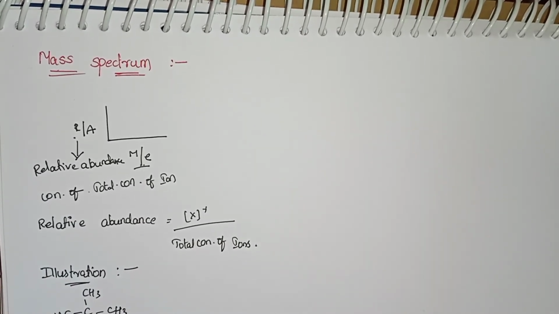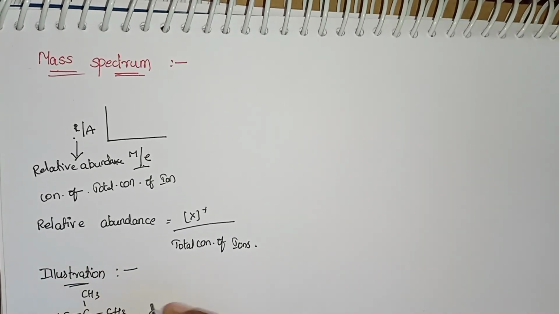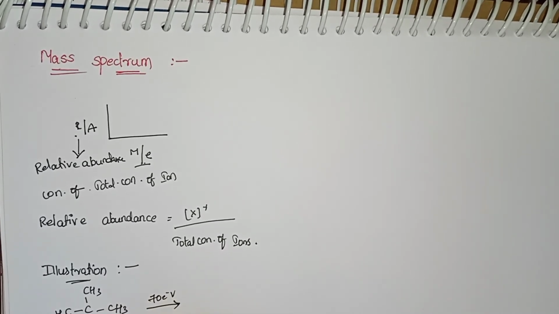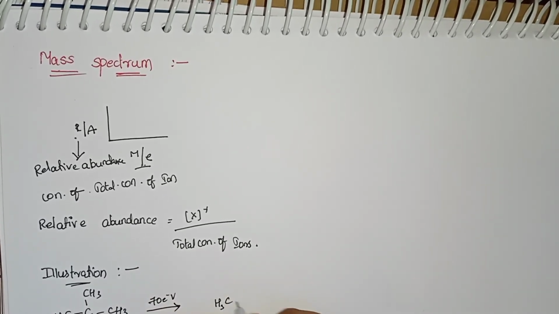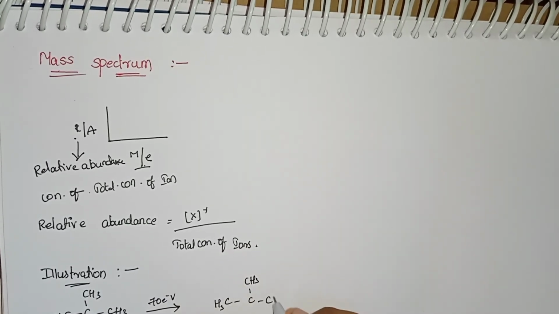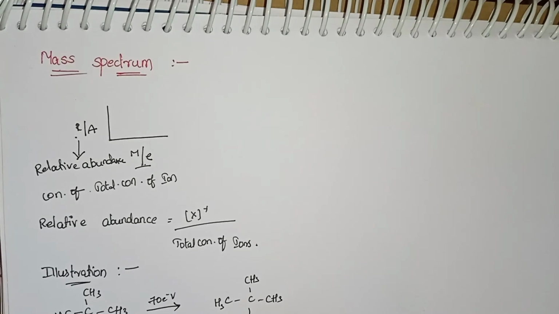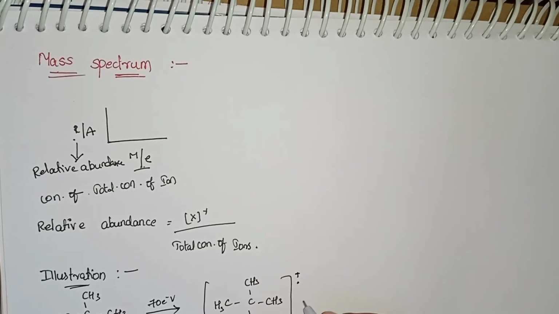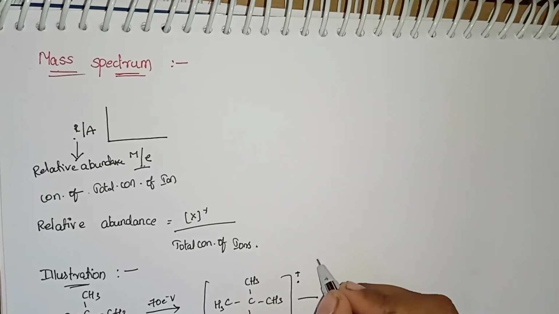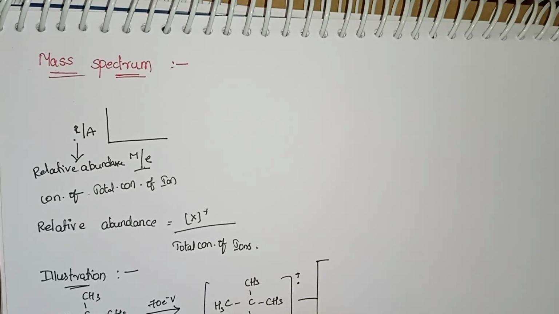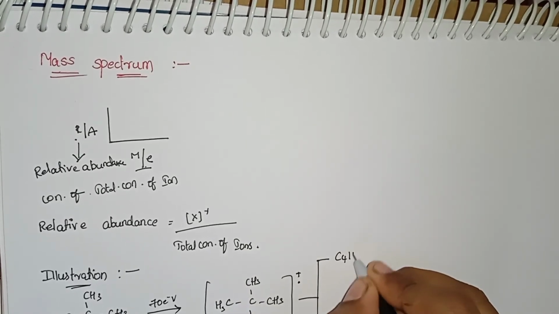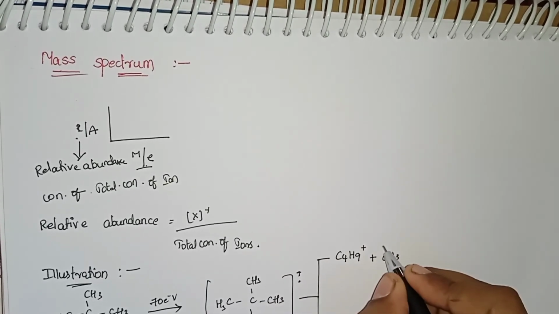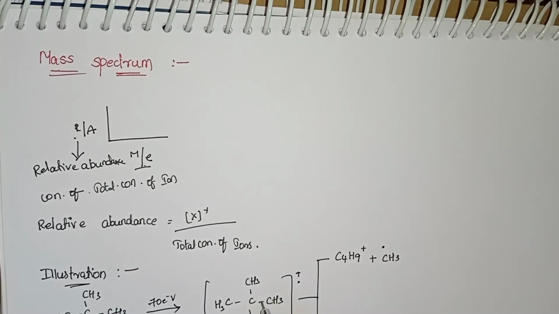Neopentane bombarded with a 70 electron volt beam forms the molecular ion, which undergoes fragmentation to give C4H9 plus and a CH3 radical.